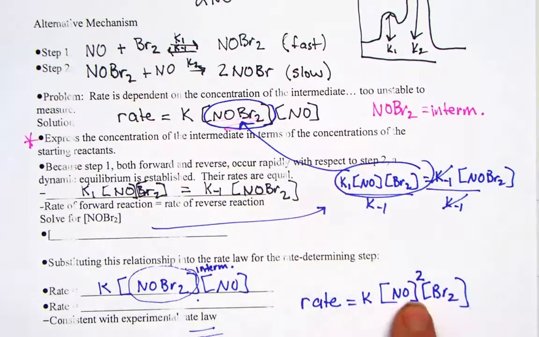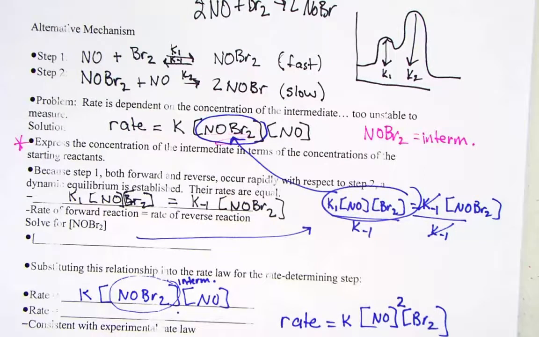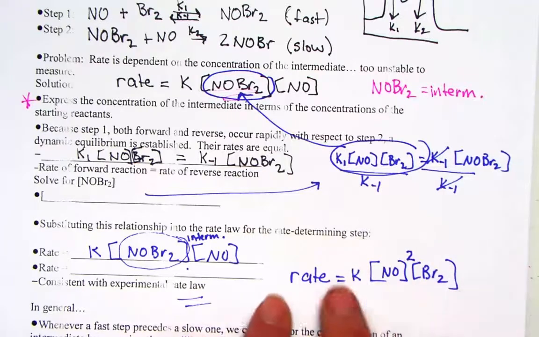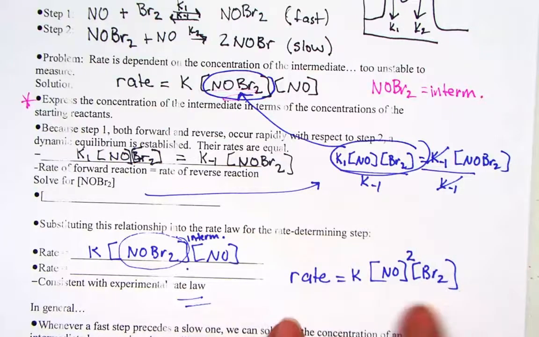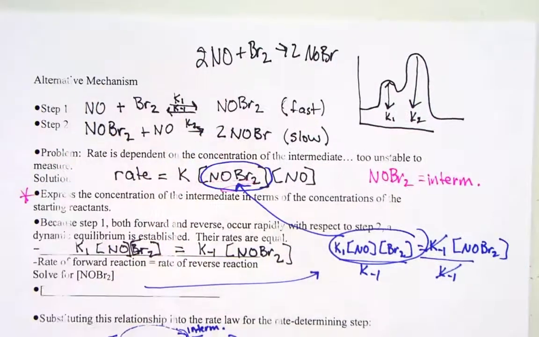We knew that a termolecular collision was not likely. We were trying to develop a reaction mechanism that got us second order with respect to NO and first order with respect to Br2, but using a multi-step mechanism. When I realize the observed rate law is termolecular, I know the first step cannot be the slowest step, because the slowest step gives me the rate law, and that's not the observed rate law from that proposed mechanism.